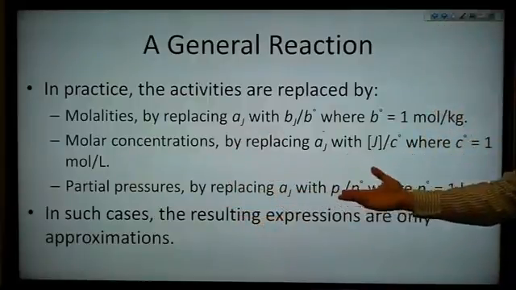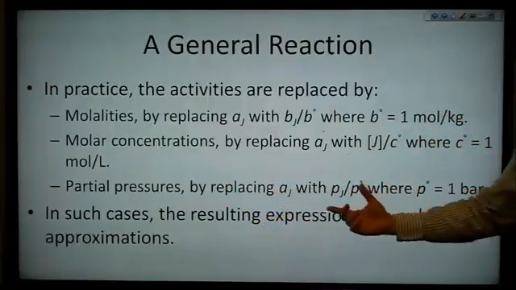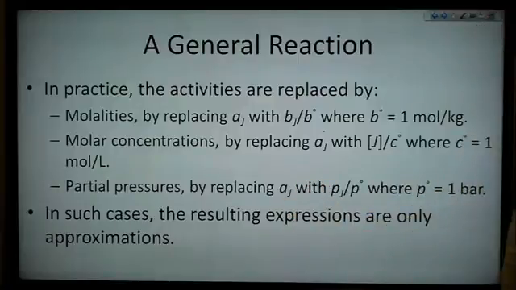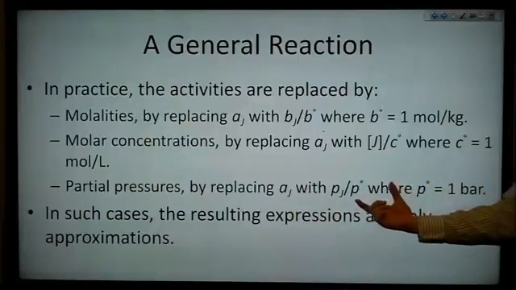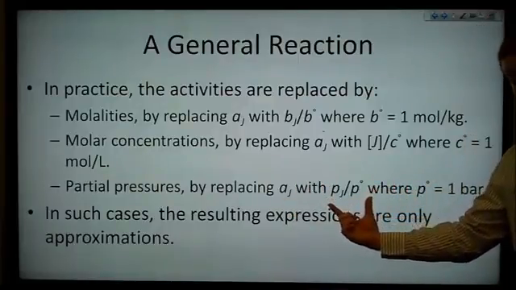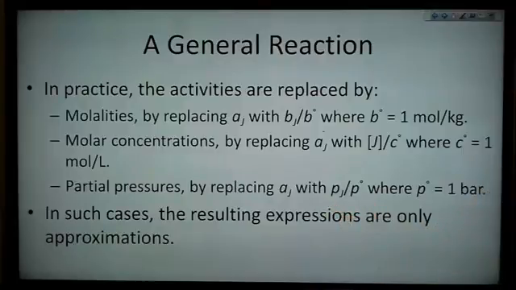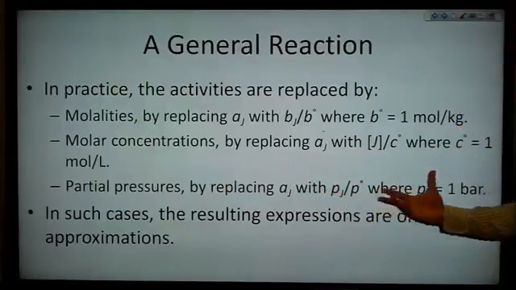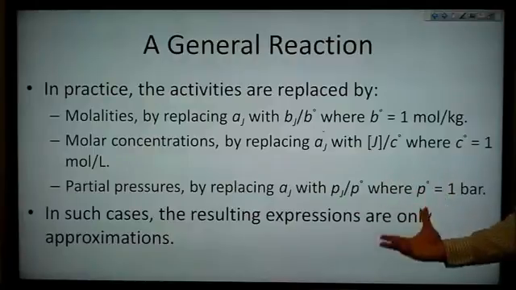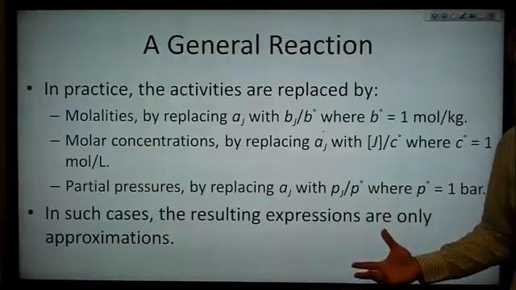Or sometimes we use partial pressures instead of fugacity. Again, replacing the activity or fugacity with this sort of fraction of the pressure of our component divided by p naught, where p naught is 1 bar. So in these cases, now our resulting expressions are just approximations.